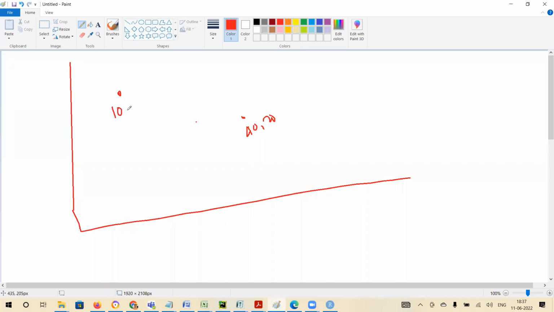So the square root of the square of the differences, meaning 10 minus 40 squared, 10 minus 40 is minus 30, minus 30 squared plus 40 minus 20 squared, all under the square root.